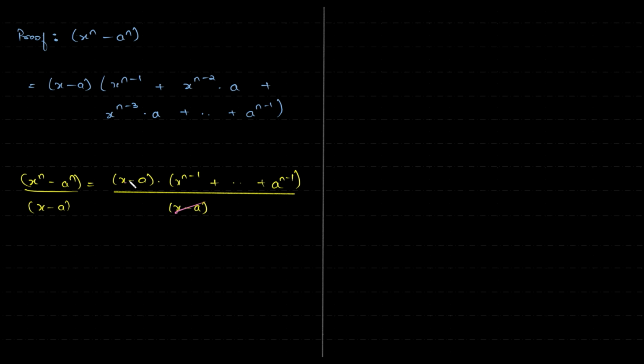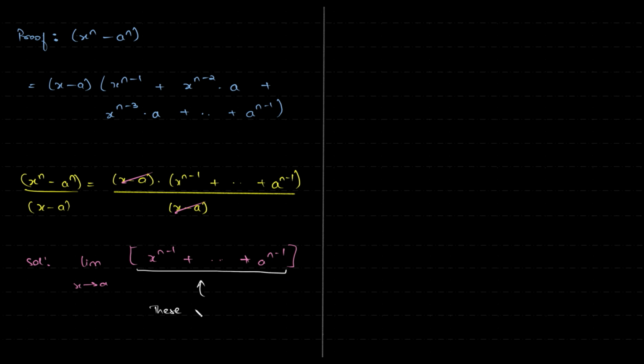So here x minus a gets cancelled and we have this expression. So the solution would look like limit x tends to a of x to the power of n minus 1 plus up to a to the power of n minus 1. So how many terms are there? There are n terms in total.